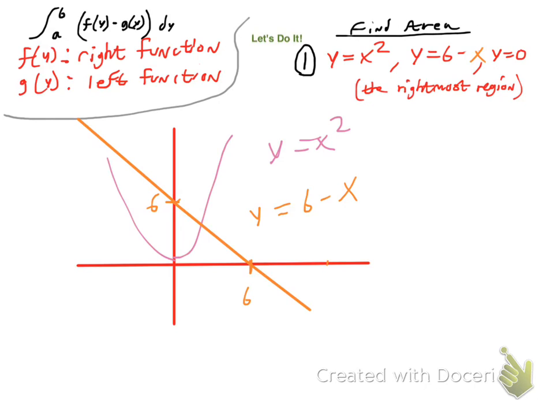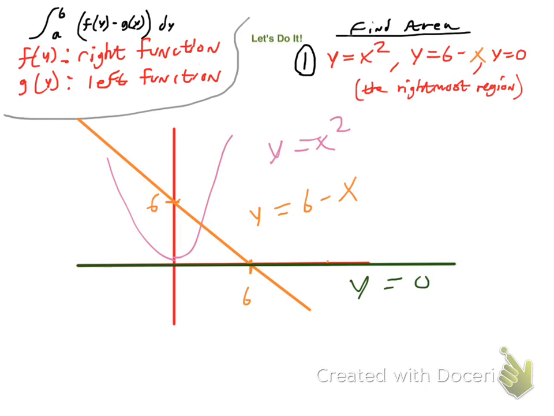y equals x squared, y equals 6 minus x, and y equals 0. The simple line doesn't get too much more simple than this. The green line, y equals 0.